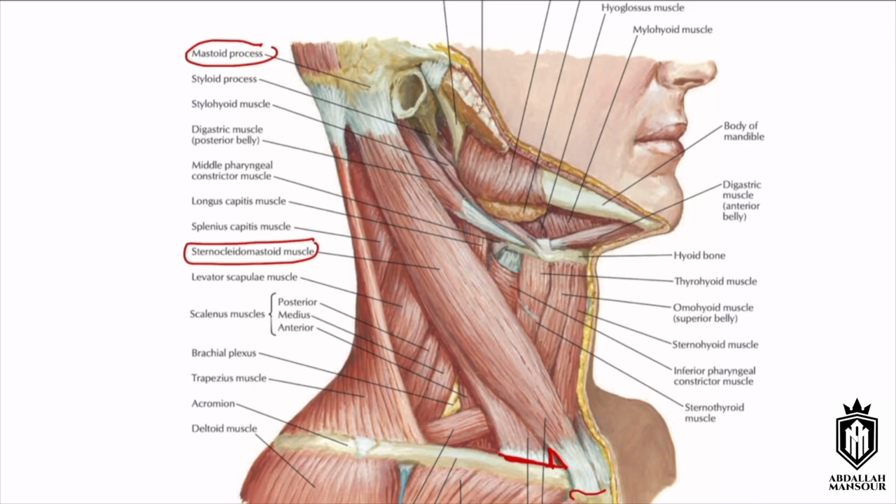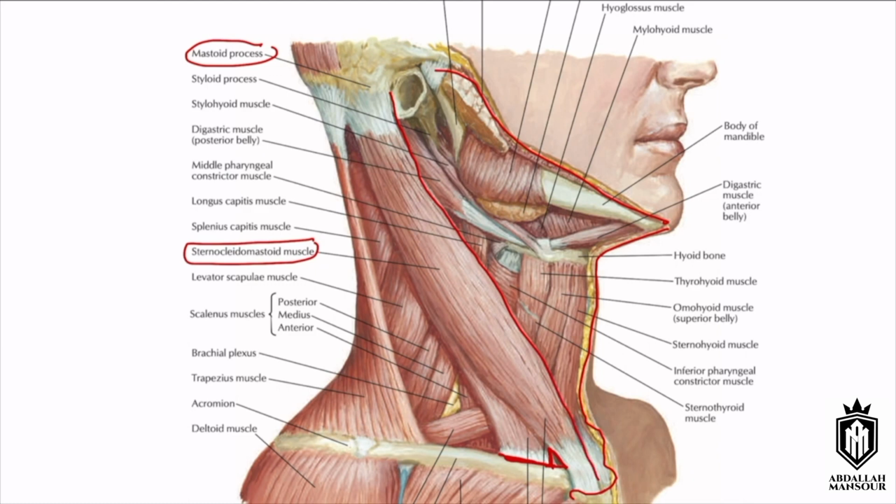So what about the boundaries? Let's talk first about the anterior triangle. Anteriorly, it's the midline, just an imaginary line, and superiorly, you have the mandible all the way up. Posteriorly, you have the anterior border of the sternocleidomastoid muscle. So this is the anterior triangle of the neck.